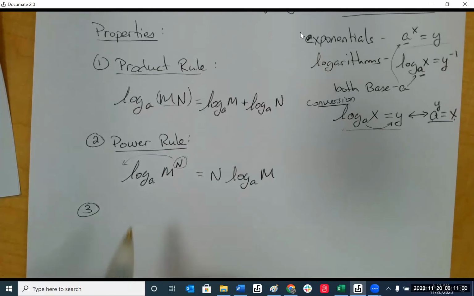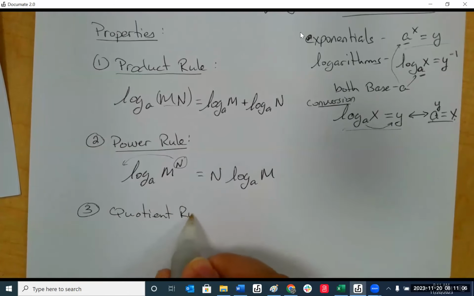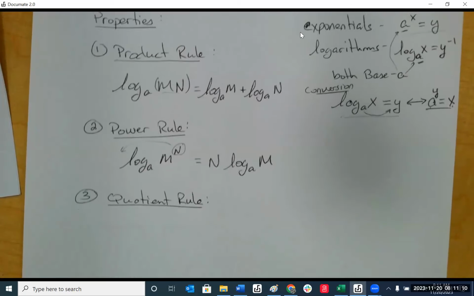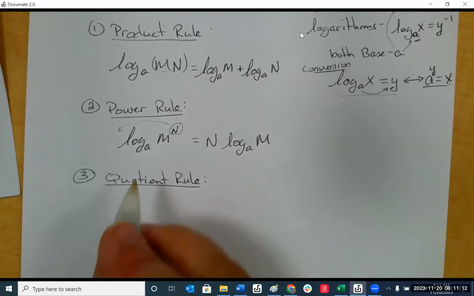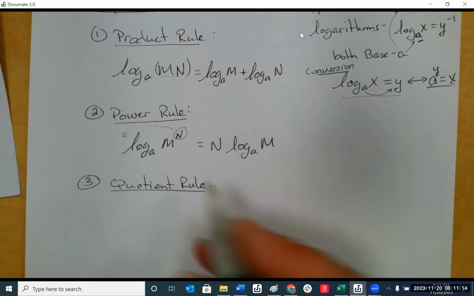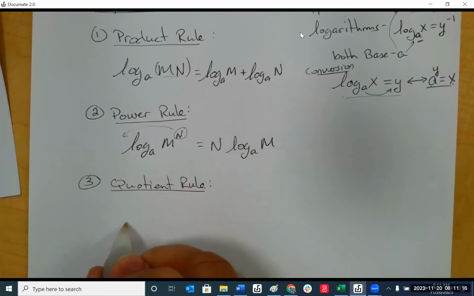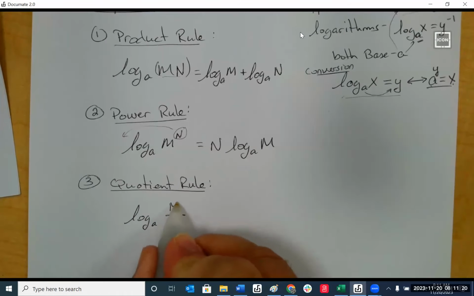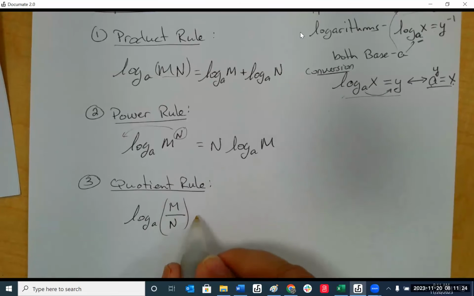The third property is called the quotient rule. The quotient means fraction. So if we have the log base A of a quotient, when you divide things, you make them smaller.